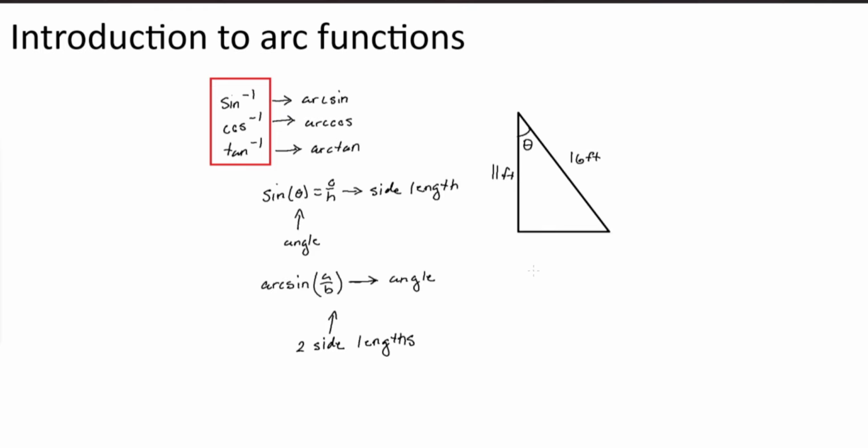So let's say arc cosine, and put it in the same order. Cosine is equal to adjacent over hypotenuse, so we say adjacent, which is 11, over the hypotenuse, which is 16. And this should return our angle.